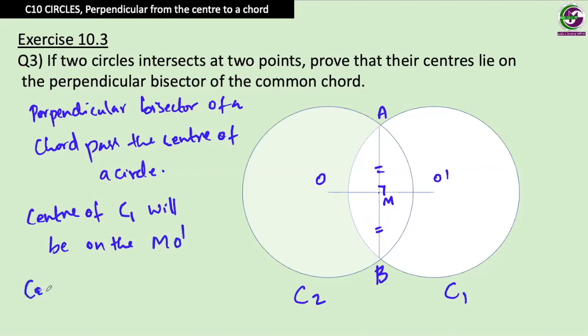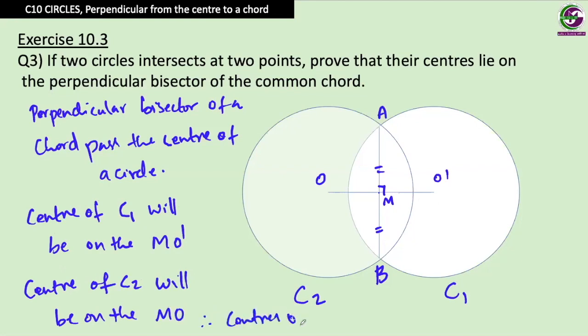Same way, the center of circle 2 will be on the line MO dash. Finally, therefore, the centers of these circles will be on the line O dash. That's what we have to prove. That's all for this exercise. See you soon.